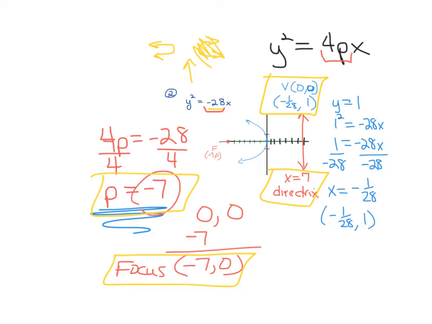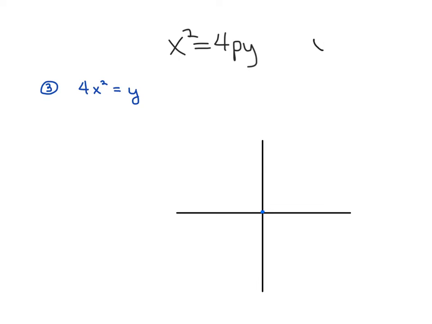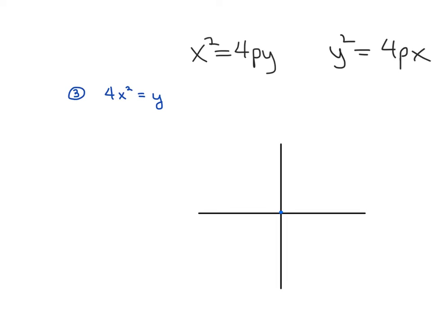Let's try another one. Our vertex is still at 0, 0 on these. Remember the normal format that we want is either x squared equals 4py, or if it's y squared, it's 4px. Notice this is the old format: y equals 4x squared.